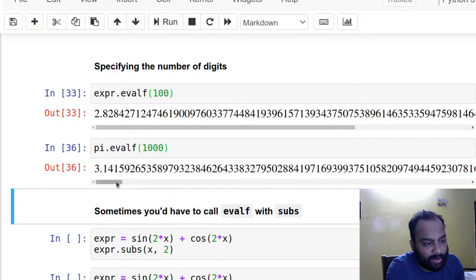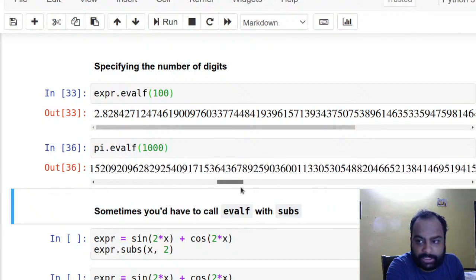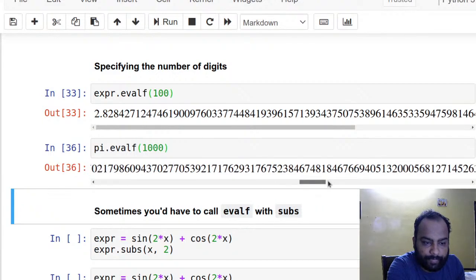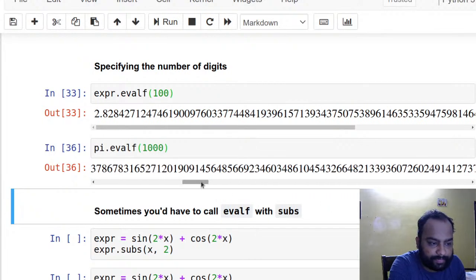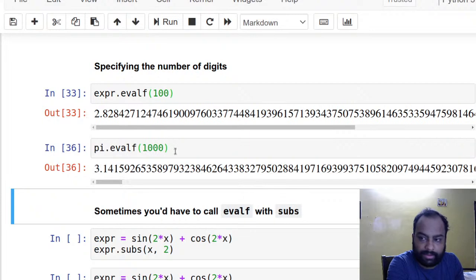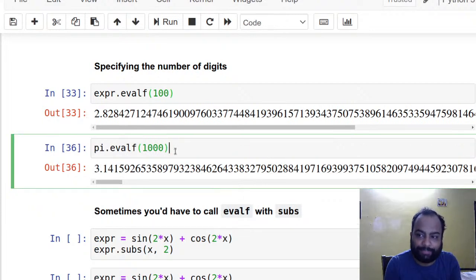This is 3.1415 and so many digits of pi. 1000 digits, right? This was possible because pi was represented symbolically. It wasn't represented numerically. So whenever you want to evaluate something, you can evaluate it up to any amount of precision you want, right? So this is essentially giving you an infinite amount of precision whenever you want it.